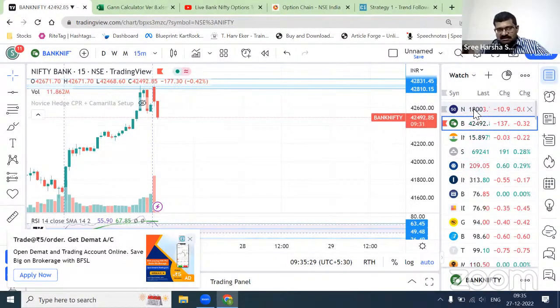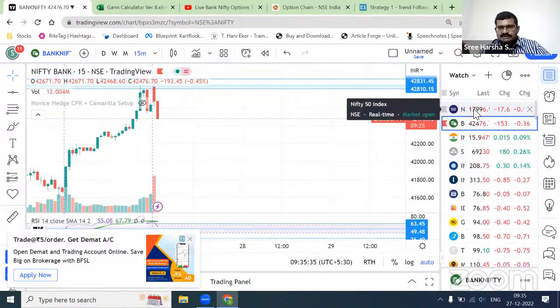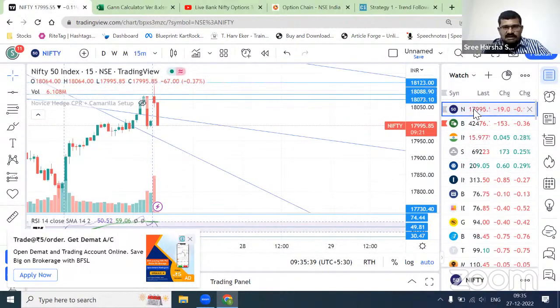If we fail here, if the market is unable to hold these levels, then the market is down. Okay, the market is somehow not ready to hold. Let's wait.